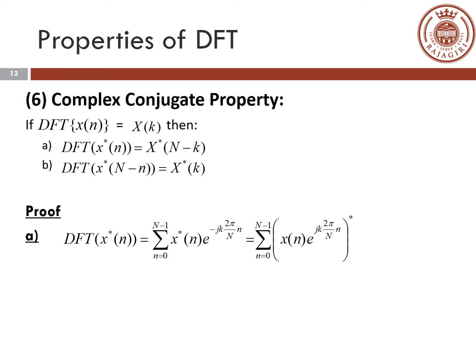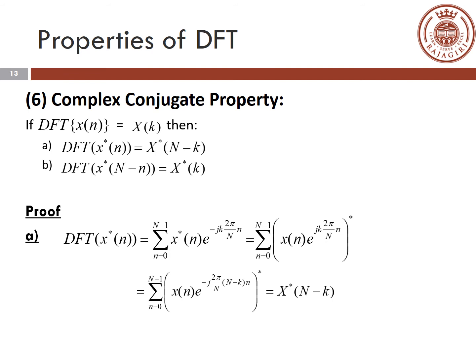So that concept is applied here. Now, since I'm taking the conjugate sign outside, this e raised to j k 2 pi by N into n can be rephrased as e raised to minus j 2 pi by N into n minus k. Now this minus and this minus become plus j 2 pi by N into k, and that is what is here.